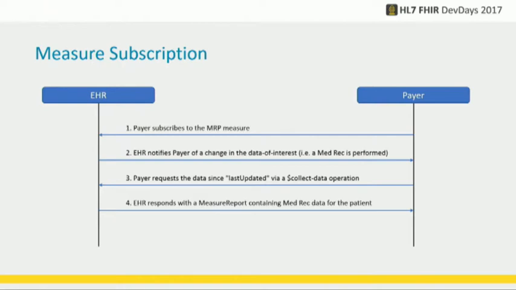The EHR notifies the payer of a change in the data of interest, so a MedRec is performed, and then the subscription is fired. Then the payer requests the data since it was last updated via that collect data operation. Right? They can pull that information. And then the EHR responds with a measure report containing all the MedRec data for that patient.